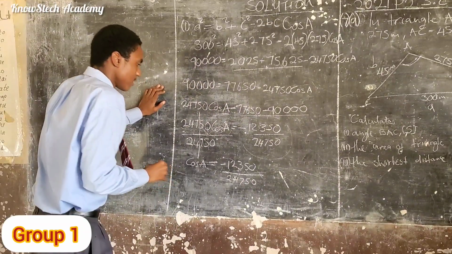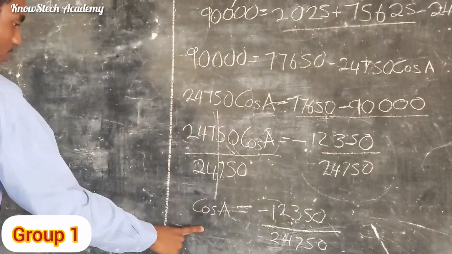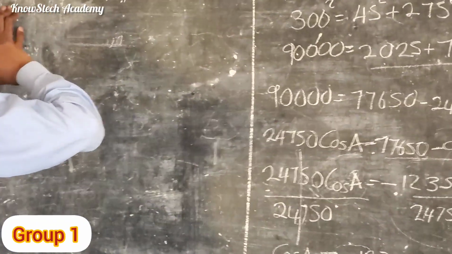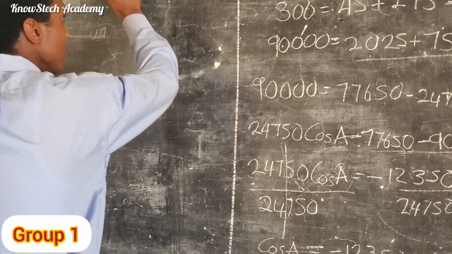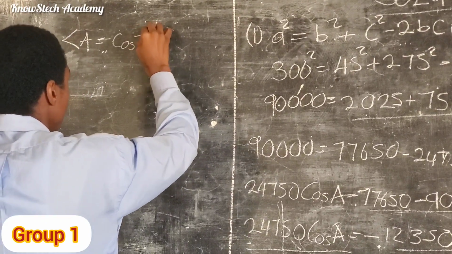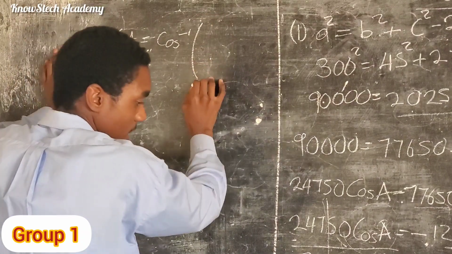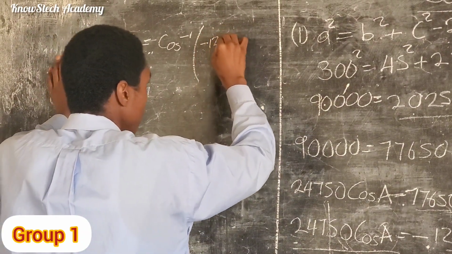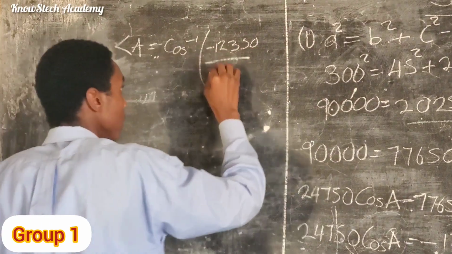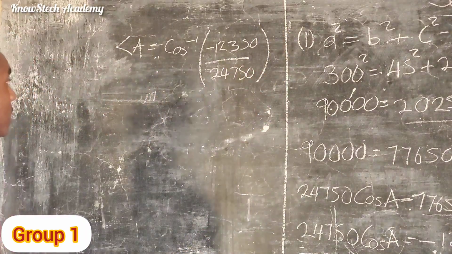Okay, so angle A. I'll take this cosine and take it that side. It's going to be cos inverse. Open brackets, so you put those numbers in. And now we calculate this.